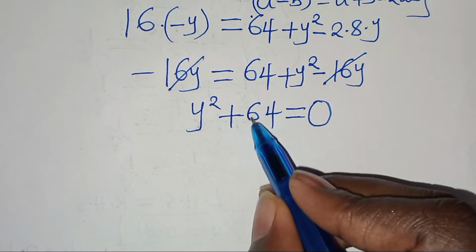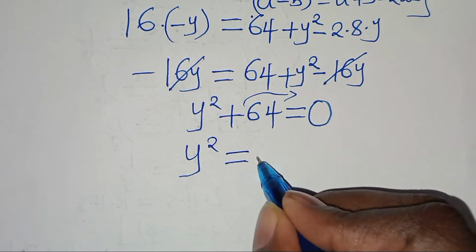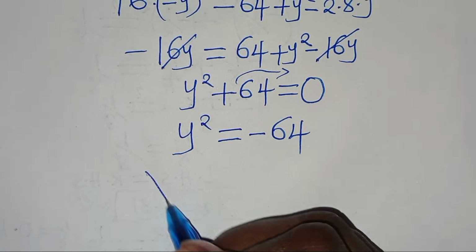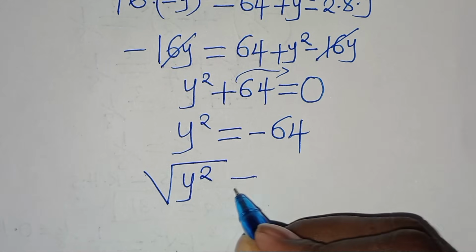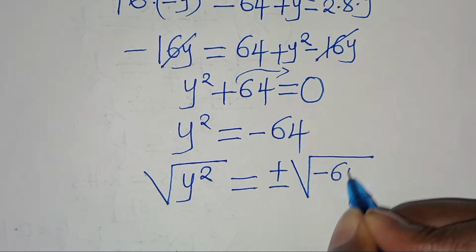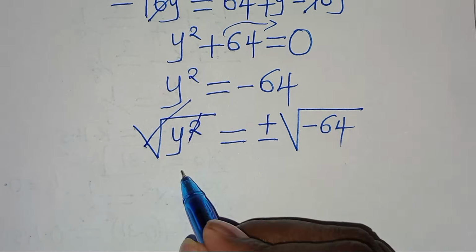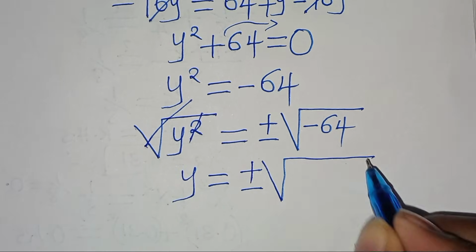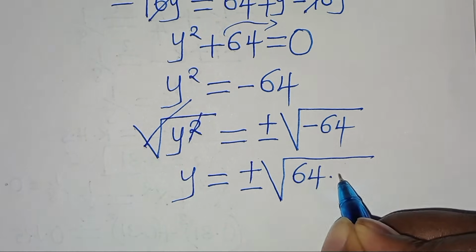So let's take plus 64 to the right hand side, and this means that y squared is equal to minus 64. Now, to solve for y, we introduce a square root on both sides, so that we have the square root of y squared equal to plus or minus the square root of minus 64. Now we can express minus 64 as 64 multiplying by minus 1.